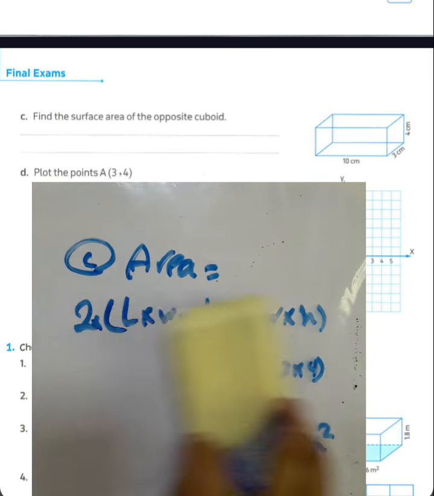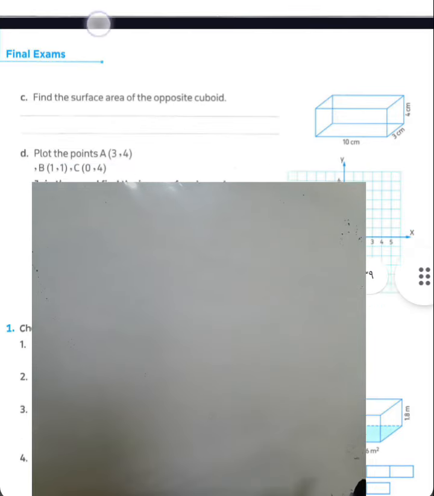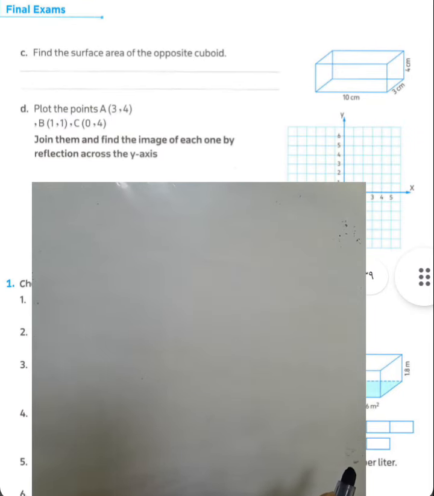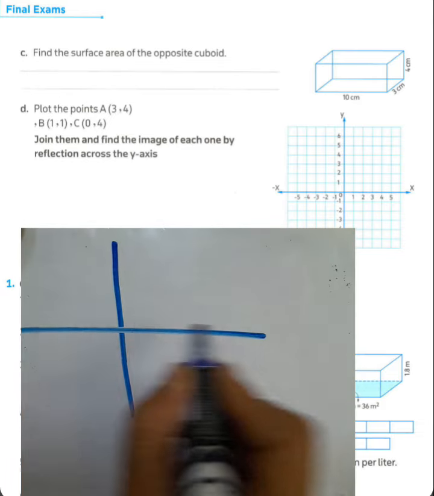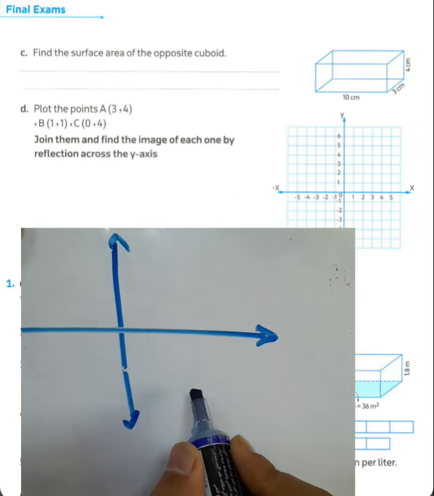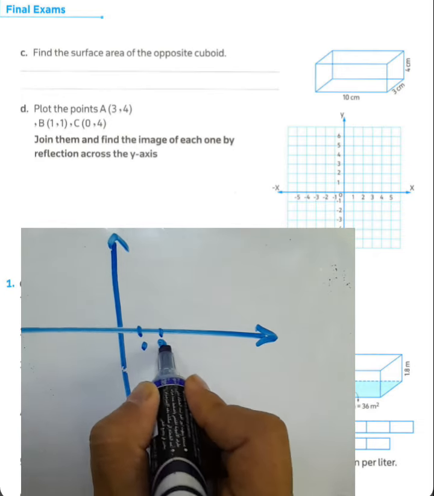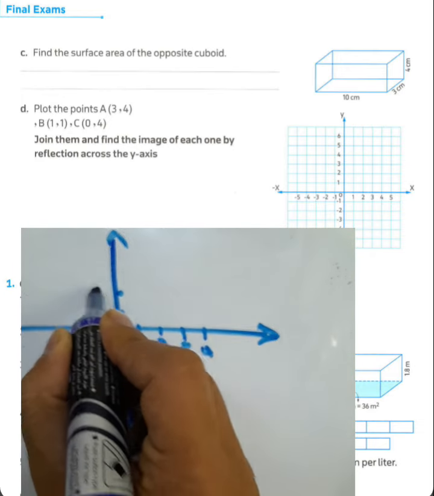Okay, next example, plot the points on the graph. First point, we have 1 2 3 4, 1 2 3 4.